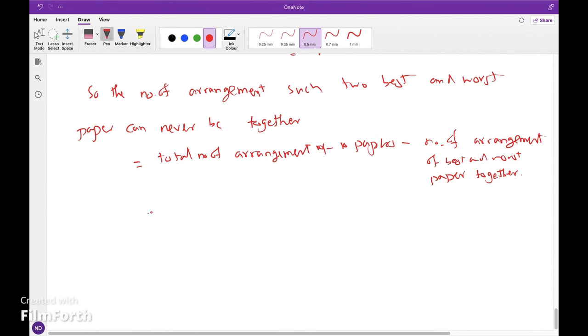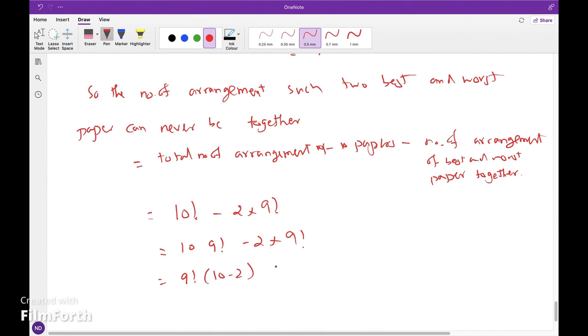That is equal to 10 factorial minus 2 into 9 factorial. That is, we can write 10 into 9 factorial minus 2 into 9 factorial. So 9 factorial will be taken outside.